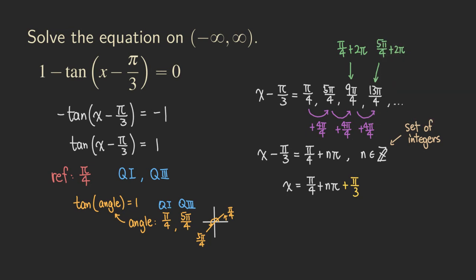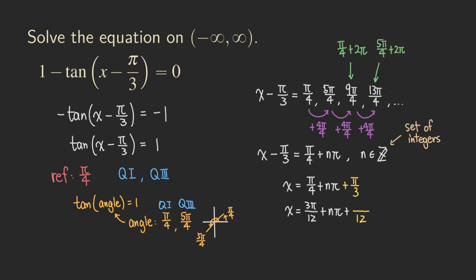So now if we're adding the pi over 3 and then there is a pi over 4 here, we can combine them together into just a single fraction. Getting the common denominator, we are going to be getting what? It's going to be 12, right, at the bottom. So we are going to multiply by 3 pi plus n pi plus, and then this pi over 3 is actually what?